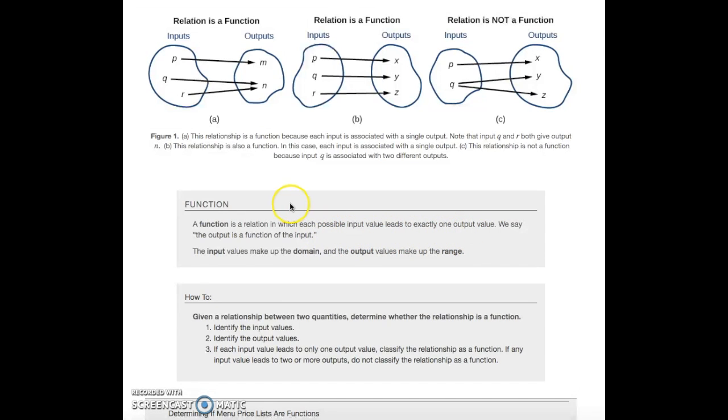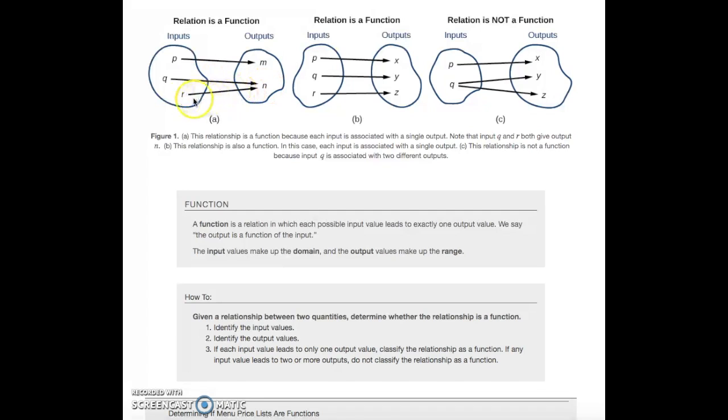Okay, so we're just going to look at some examples up here, this A, B, and C. So let's look at A. We have our inputs P, Q, and R. Is this a function? We need to ask ourselves, does each possible input lead to exactly one output? So we have P. Does it have one output? Yes, M. Q. Does it have one output?